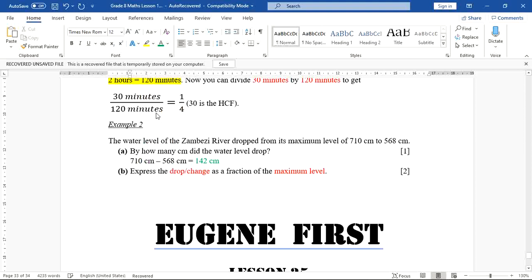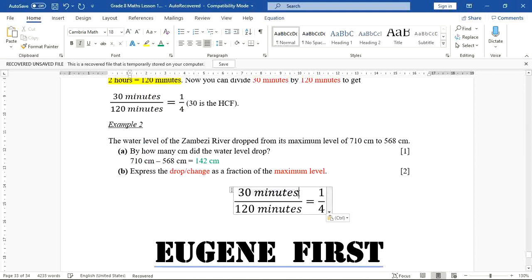The learners that have submitted their answers, thank you very much. So far you are doing just great. So we say the change, or drop, divided by maximum level. So what is the change?